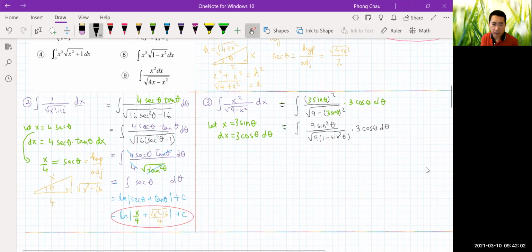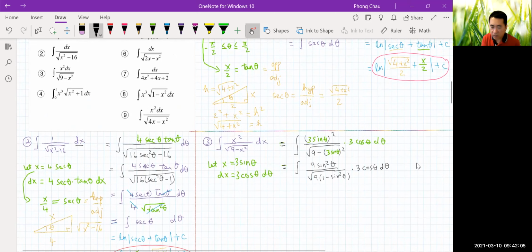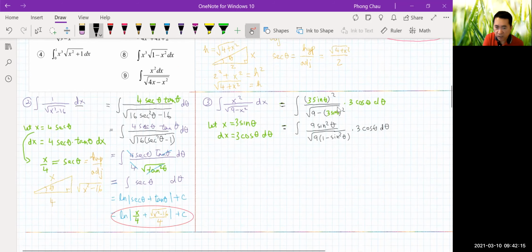All right. Now, why do we do that? You see the goal is the inside of the square root in the denominator. We have the identity here, 1 minus sine squared is cosine squared. The numerator is still 9 sine squared theta, but the square root of 9 is 3.